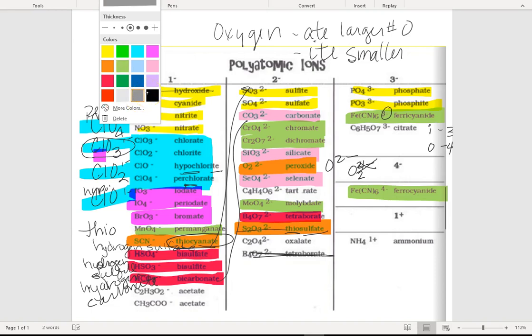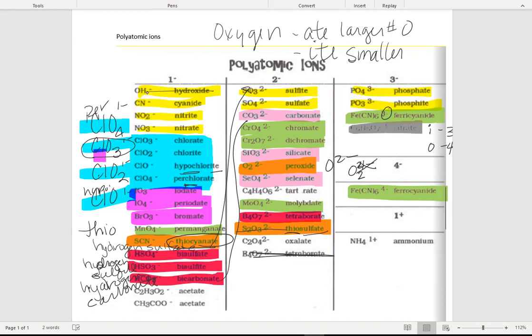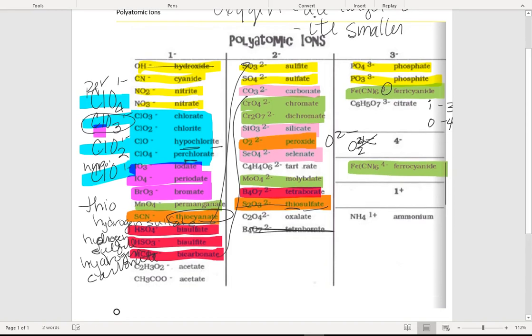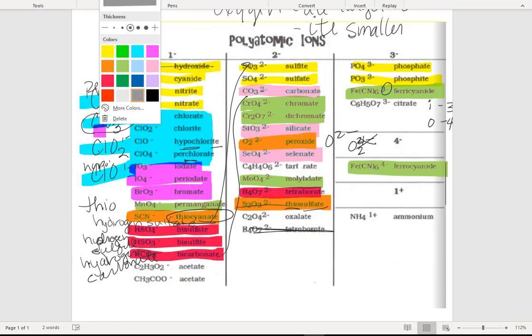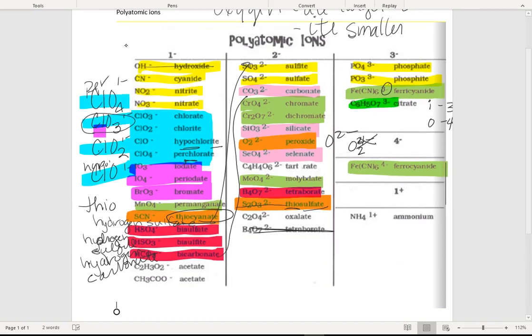The last 4. Oh, you can't read that. Citrate, tartrate, oxalate, and acetate, which is written in 2 different ways. Not sure why.